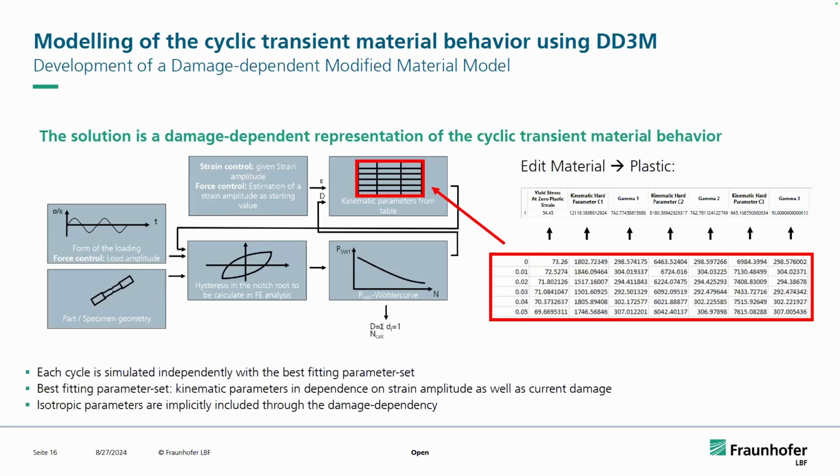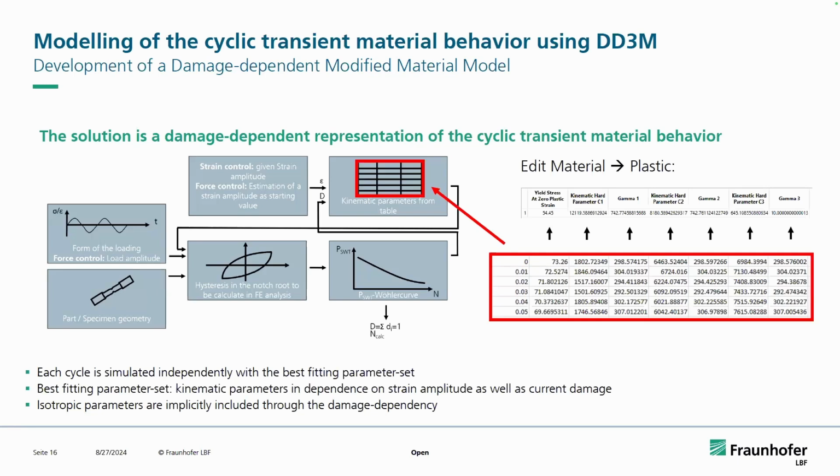After the first hysteresis loop, you calculate the damage with the PSWT Möller curve, and then you go back to your table, and if, for example, the first hysteresis loop had 2% of damage, you go on with that parameter set here.